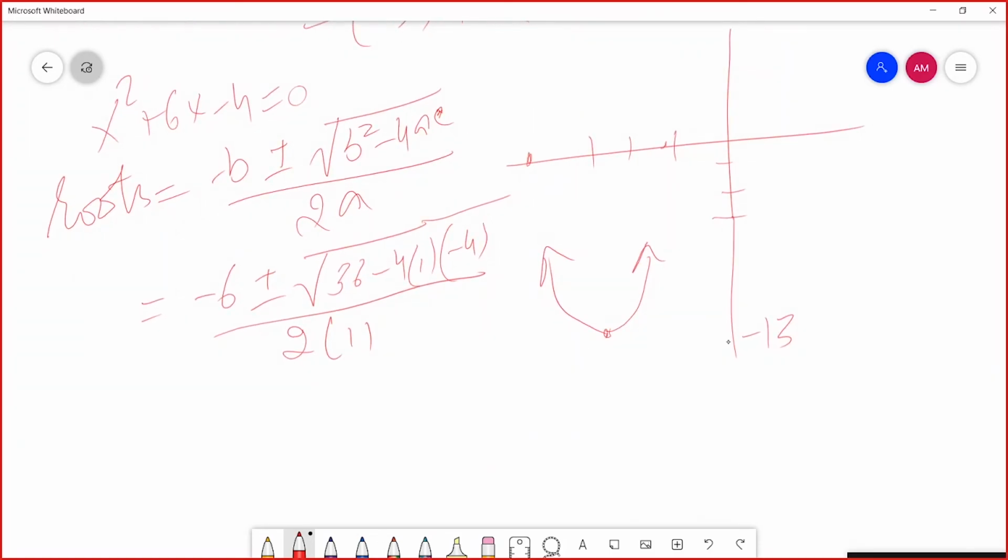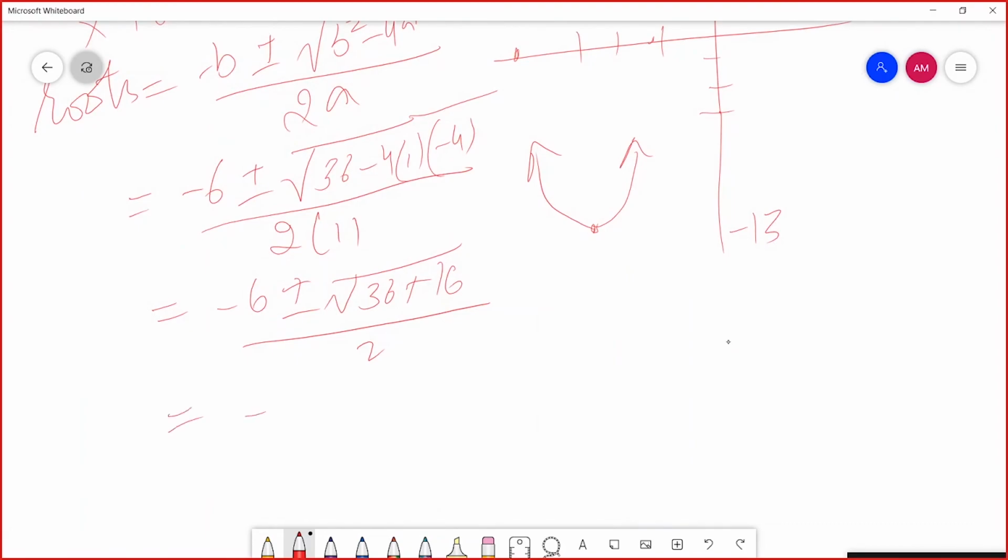So this comes out to minus 6 plus or minus the square root of 36 plus 16, which is 52, over 2.